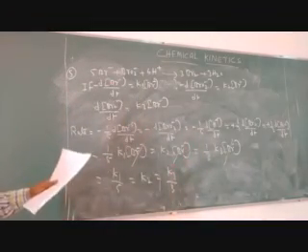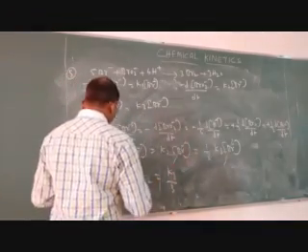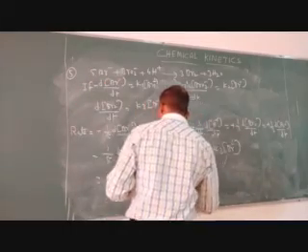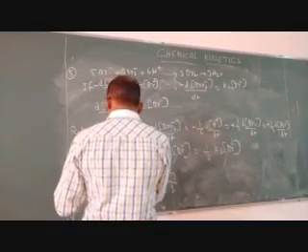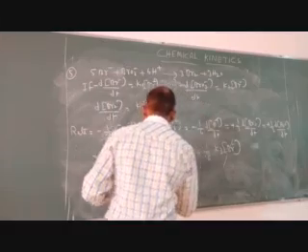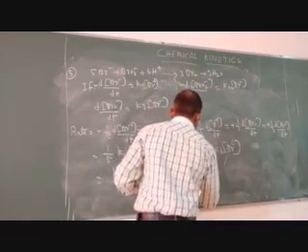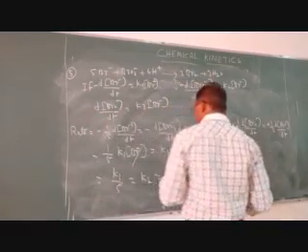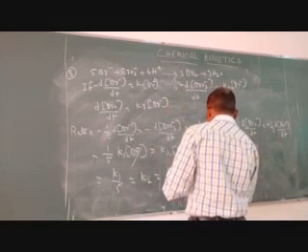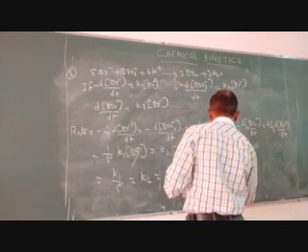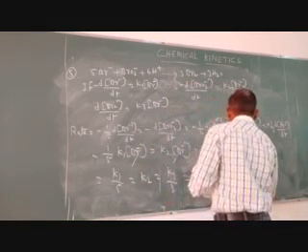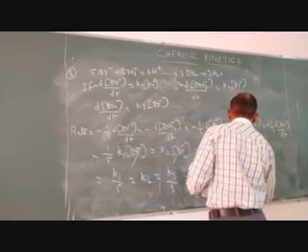Now we can take the LCM, which is 15. In cross multiplication, this gives 3K1, this gives 15 K2, and this gives 5 K3.